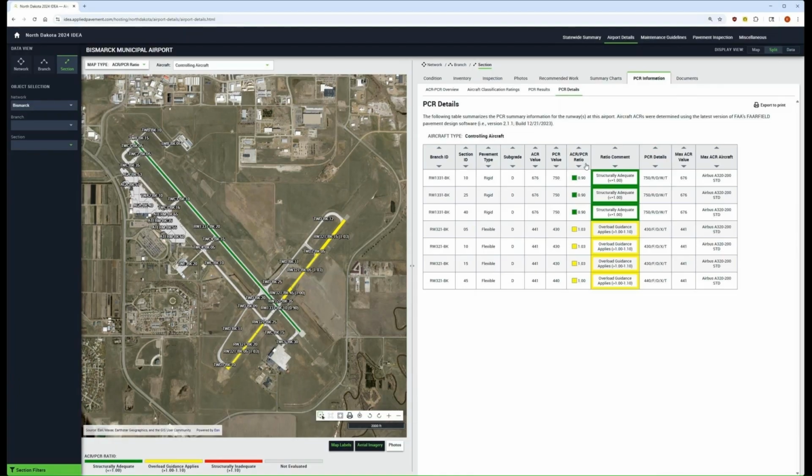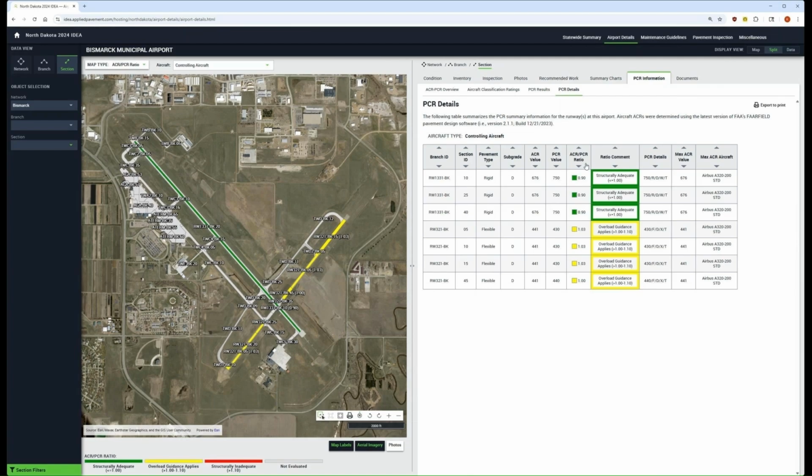An ACR-PCR ratio of 1 or less means that the aircraft that have been analyzed and are using the pavement currently are less than the PCR of the pavement, and the pavement is structurally adequate to withstand a limited number of operations according to the FAA design procedure.